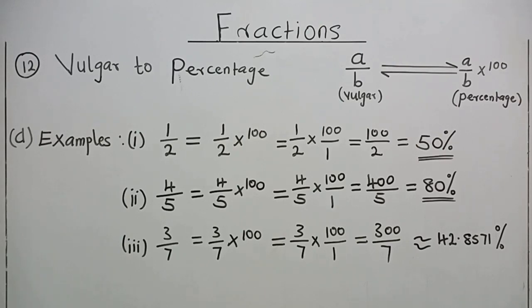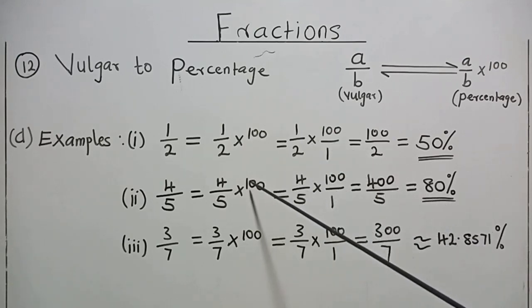The next example is here, 4 over 5, to be converted to percentage. As this formula encourages us to do, what we have to do is just to multiply this 4 over 5 by 100. See it happening here.